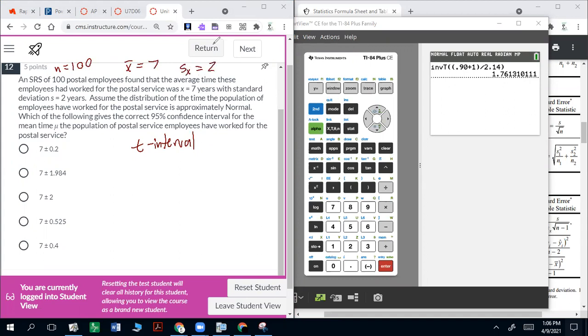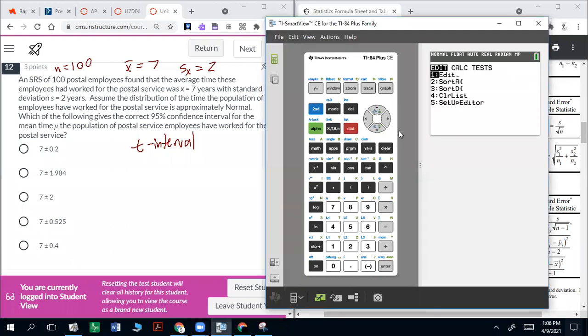We can work this out right in the T interval, number 8. Go over to stats, and let's see. Our x bar is going to be 7, standard deviation of 2, and our n is going to be 100, at confidence level 95%. So you just input it like that.